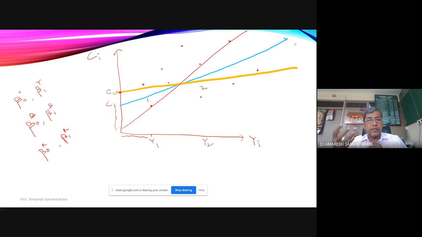All of you need to remember OLS. This is one term you'll be hearing 100 times in the econometrics class. OLS, ordinary least squares, is a procedure which will help us to estimate the best values of beta 0, beta 1 to explain the relation between CI and YI.